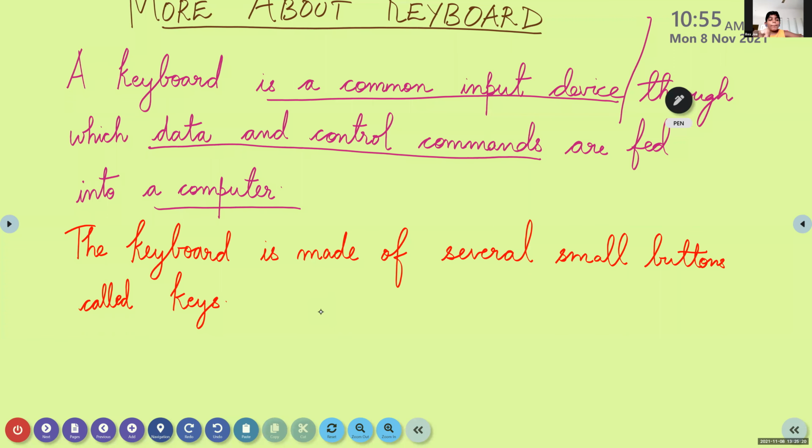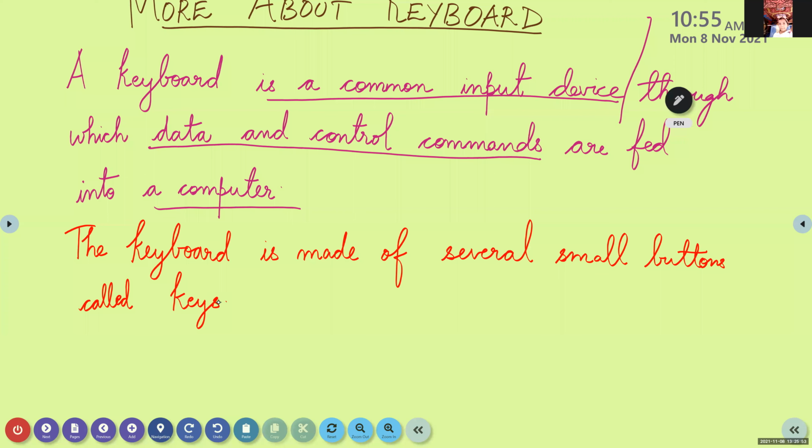Ma'am, can I read? Rex, yes, you can read. The keyboard is made of several small buttons called keys. Okay, good.